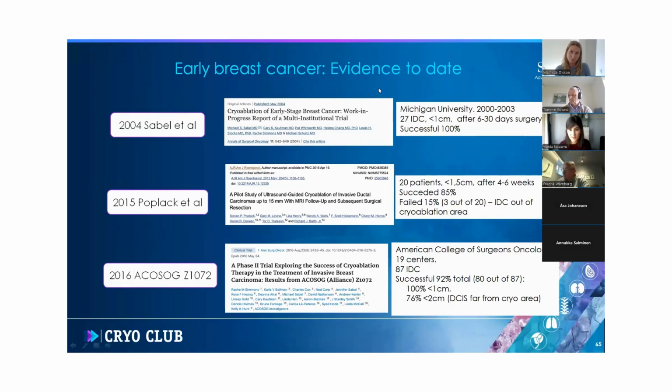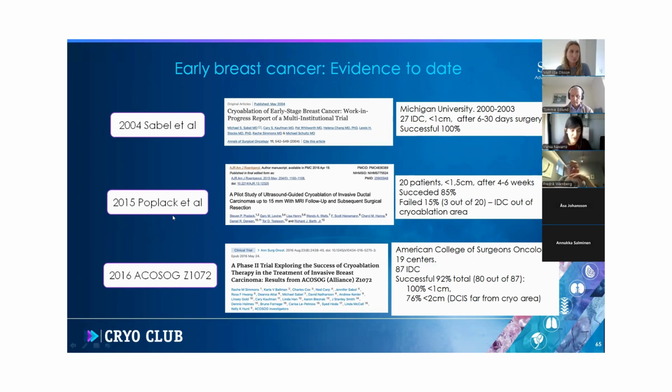Now let's take the evidence to date. In 2004, Sabel et al. published a study in which they treated with cryoablation 27 invasive ductal carcinomas less than 10 millimeters in size. After that they did surgery, with a 100% success rate, meaning no infiltrating tumor left in the surgical specimen.